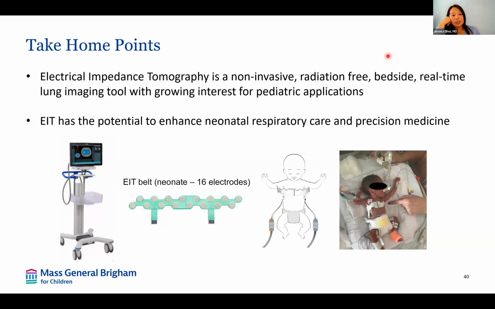But I think this is where having the images from EIT at bedside could really make the picture clearer of what's going on with each setting, compared to what we currently have. Those are great points.